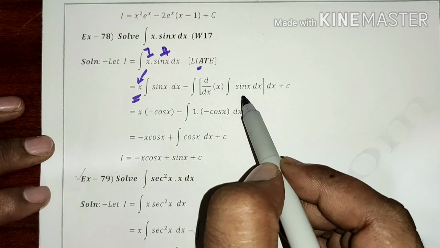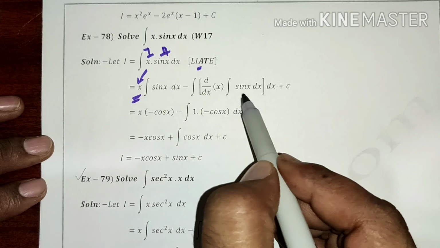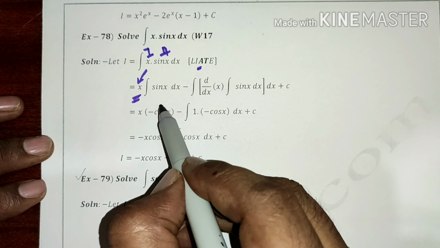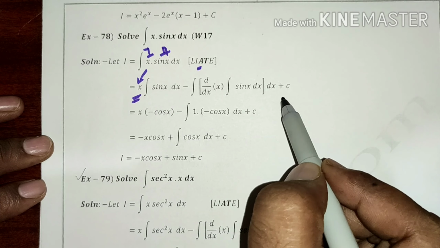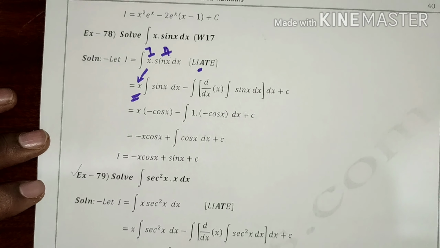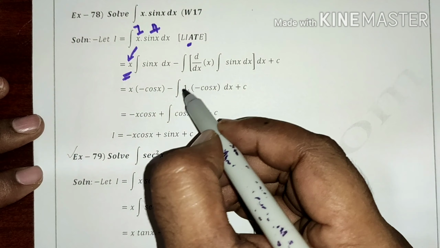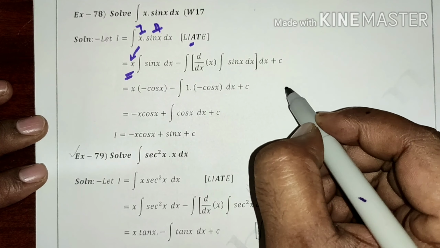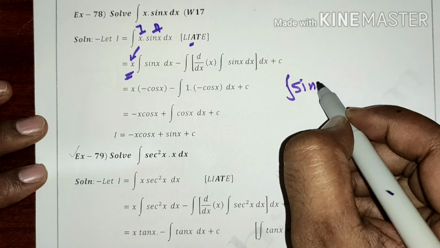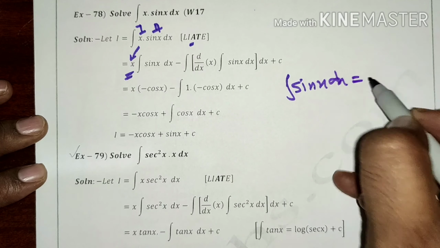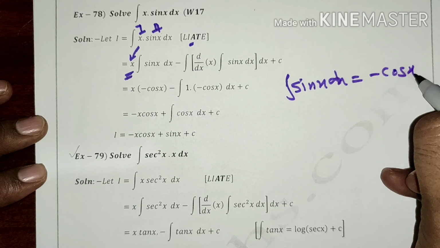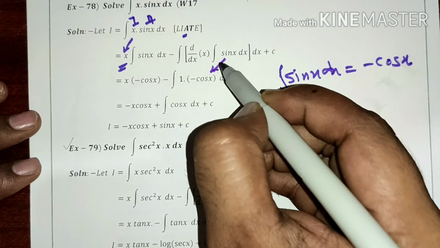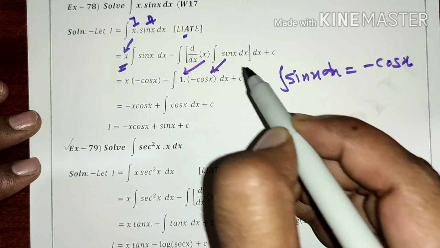Further we again take the integration of sin x here, meaning the second function that we integrated, we integrate it again, plus c. And we already know that the derivative of x is 1, and the integration of sin x is minus cos x, not only cos x. So we write that integration of sin x dx is minus cos x, and the derivative of x is 1.